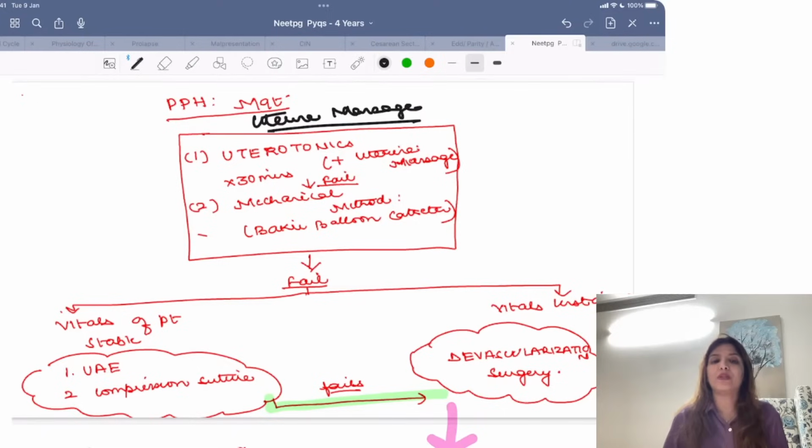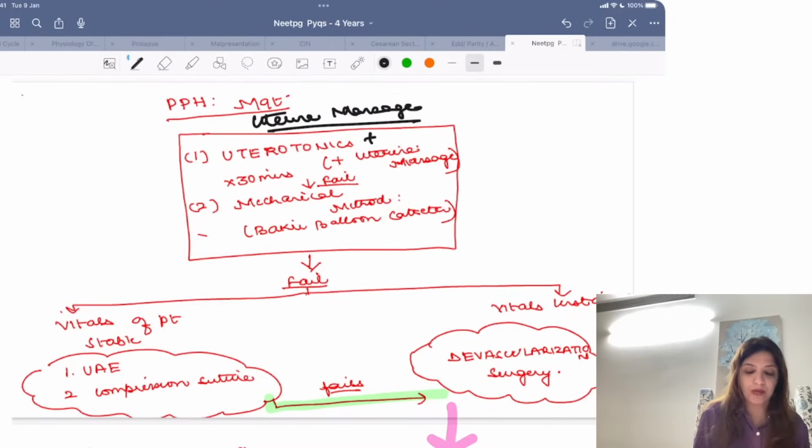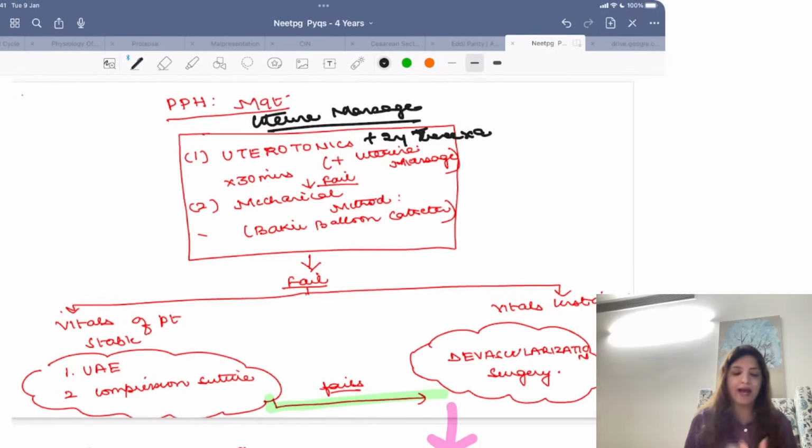Once you are sure you are dealing with atonic PPH, you will continue the uterine massage and you are going to give uterotonics. And along with uterotonics, you are going to give injection Tranexa, right? So, uterotonics plus injection Tranexa, right, and uterine massage. All these three things you are going to continue for half an hour. If the bleeding doesn't resolve, then you go to mechanical methods like Bakri balloon catheter.